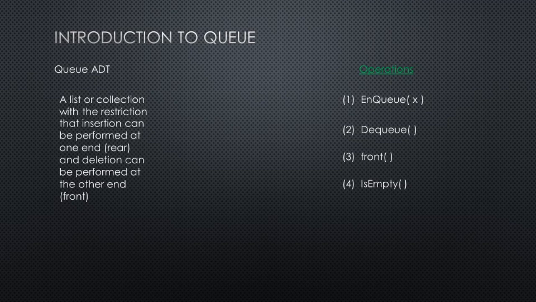We can insert or remove one element at a time from the queue using enqueue and dequeue. Front is only to look at the element at the head, and isEmpty is only used to determine whether the queue is empty or not. All of these operations I have written here must take constant time, or in other words, a time complexity of big O of 1.